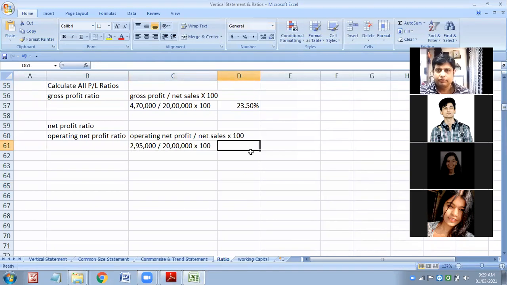What is the answer? How much are we getting as answer? 14.75. Again you are making a mistake. It should be in percentage always.